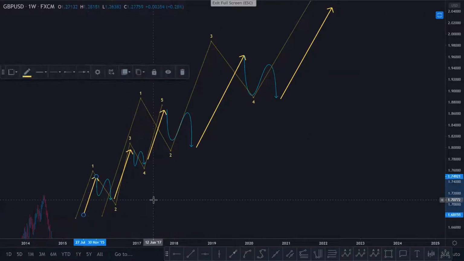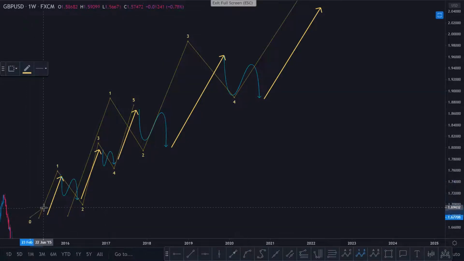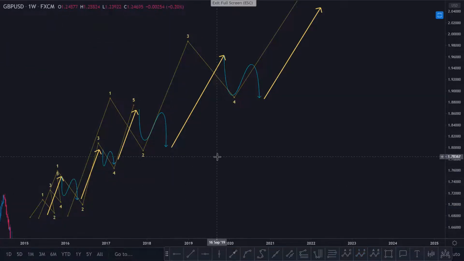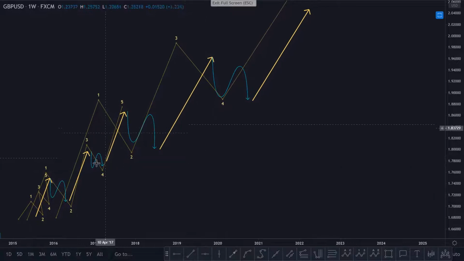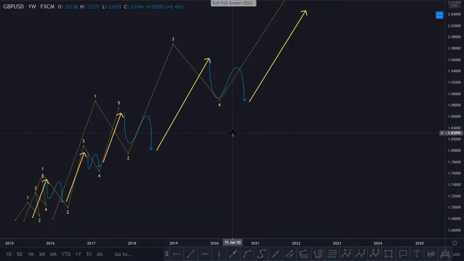And even if you had to delve into this one, you would find that the smallest impulse has a 1, 2, 3, 4, 5 in it as well. And that's the fractal nature of price patterns, and that fractal nature becomes very useful to us in trading because we can analyze the higher time frames, and then using those, delve into the lower time frames to trade the lower time frames, knowing the surrounding structure.